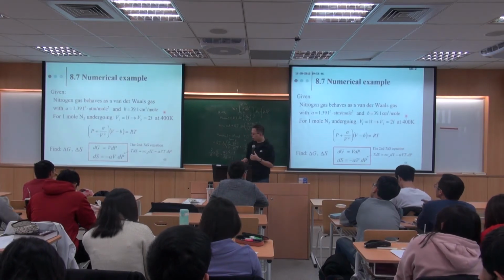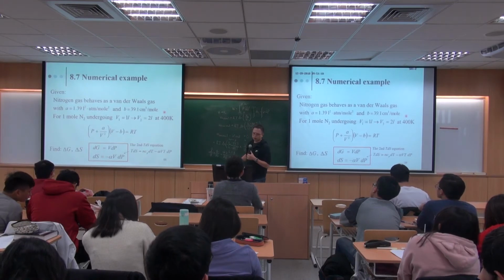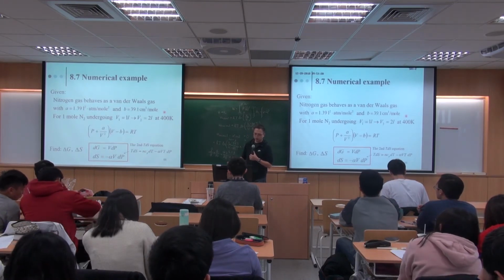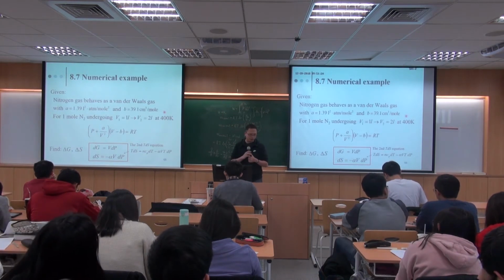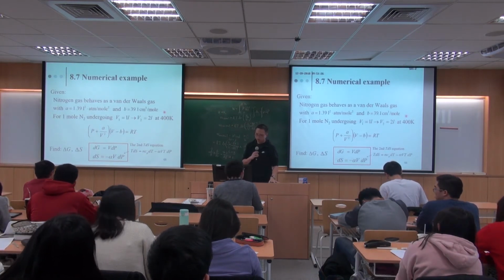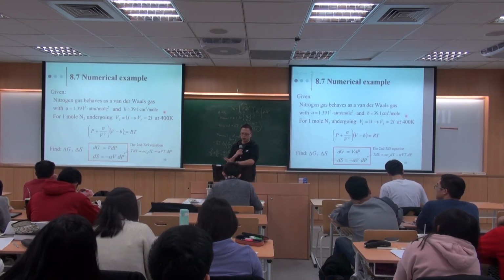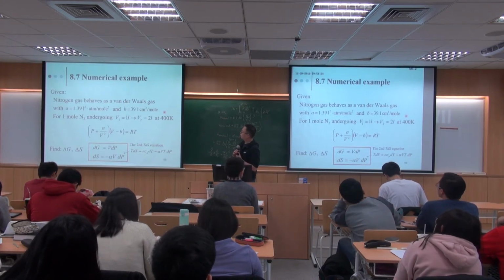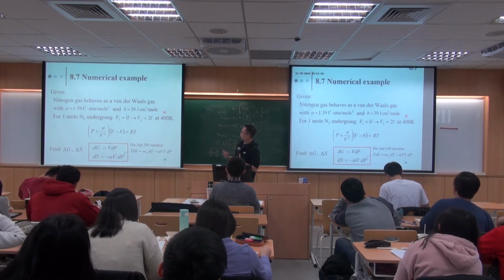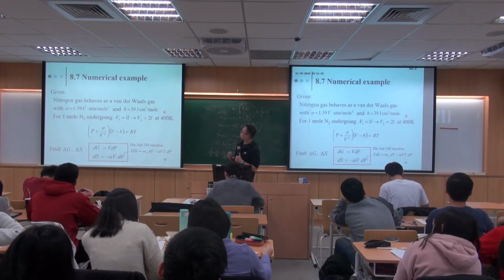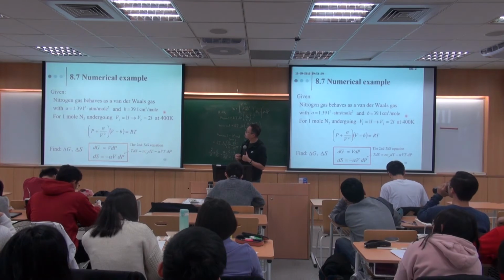So the numerical example in this textbook is actually pretty problematic because there are a lot of typos. But I believe that I already fixed most of the typos here. So this is, I think, the first quantitative problem in your textbook.